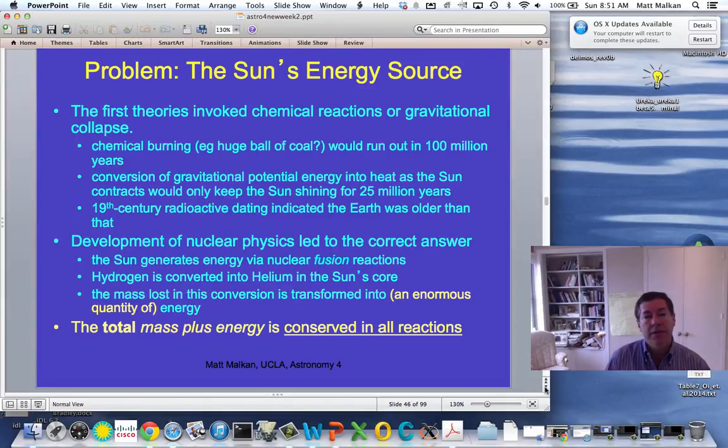Well, there is a lot of energy in a gigantic ball of gasoline that size, especially if it's jet fuel. In fact, if you set it all on fire simultaneously, it could produce 4 times 10 to the 26 watts, I suppose. It's not out of the realm of possibility. All of that could be produced by chemical reactions.